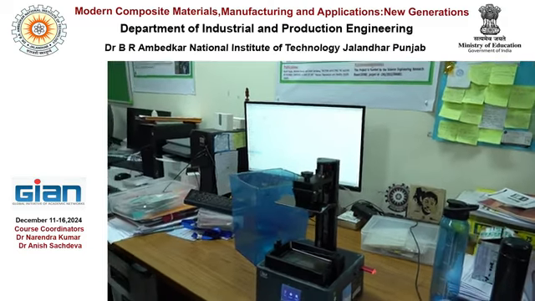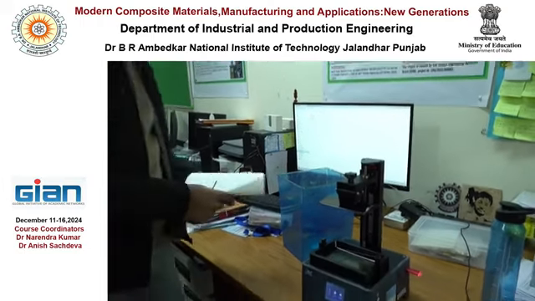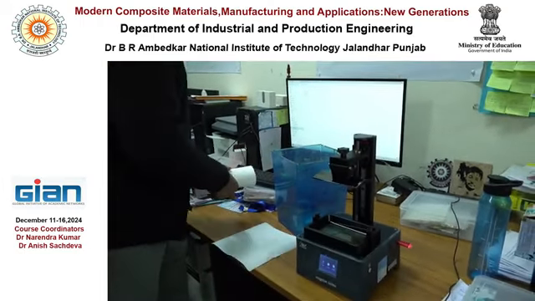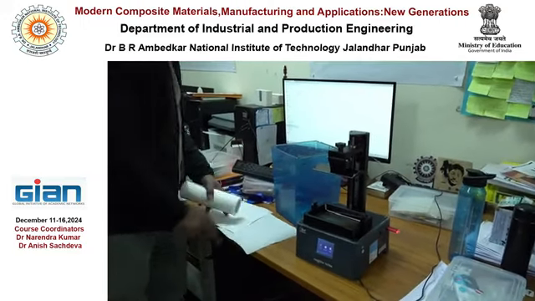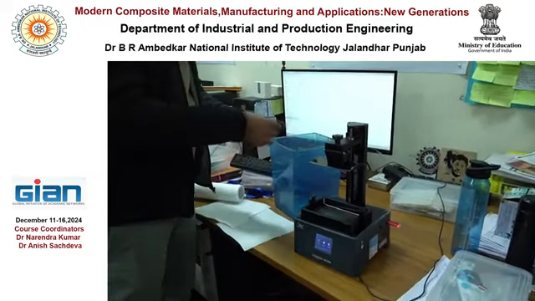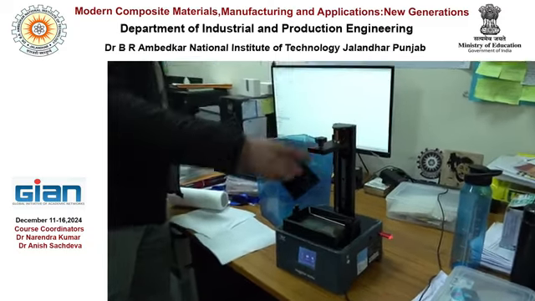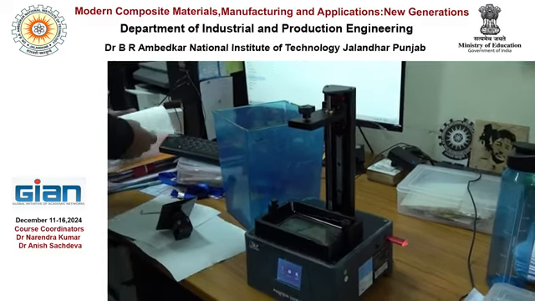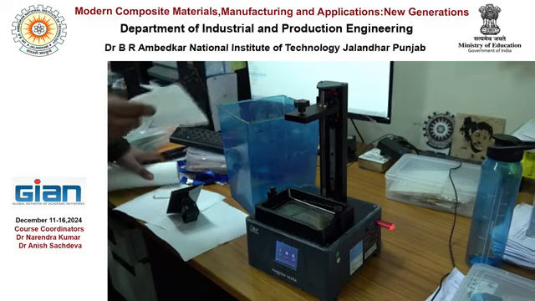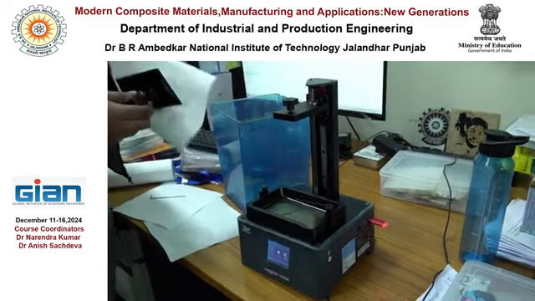So if I opt for this DLP, I will not be able to make these kinds of specimens for electronic applications. So that is why we have developed setups which can deposit two different materials, which can give us these kinds of parts for possible electronic applications. Right?